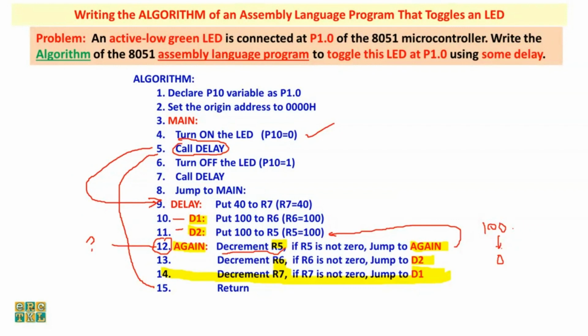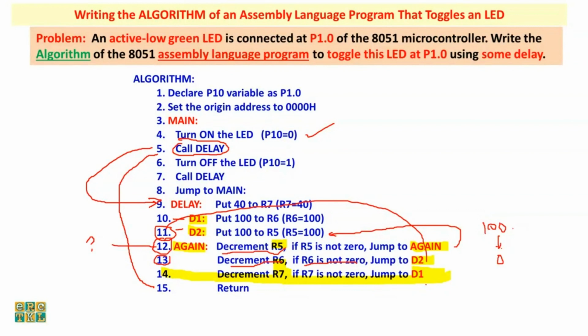And then after 100 times, how many times will you do number 13? Let's see number 13. You will subtract 1 from R6. If R6 is not yet 0, you will go back to D2, so you will go back to number 11. So how many times will you do D2? 100 times.